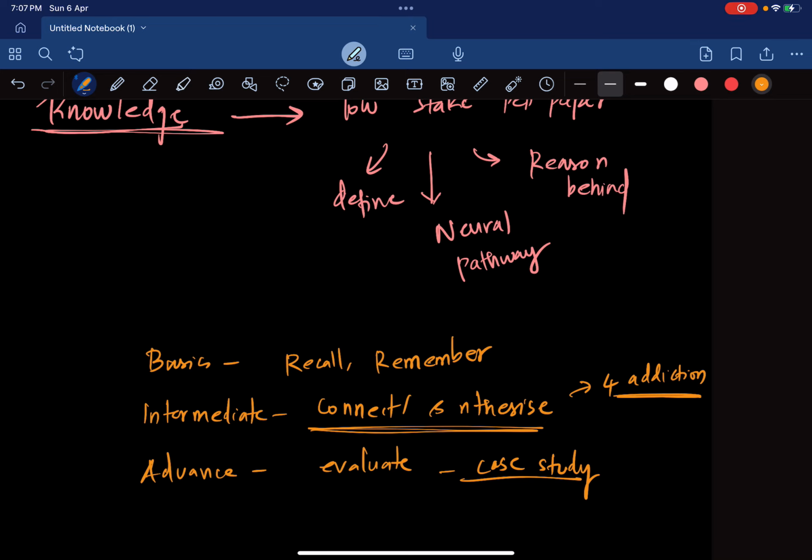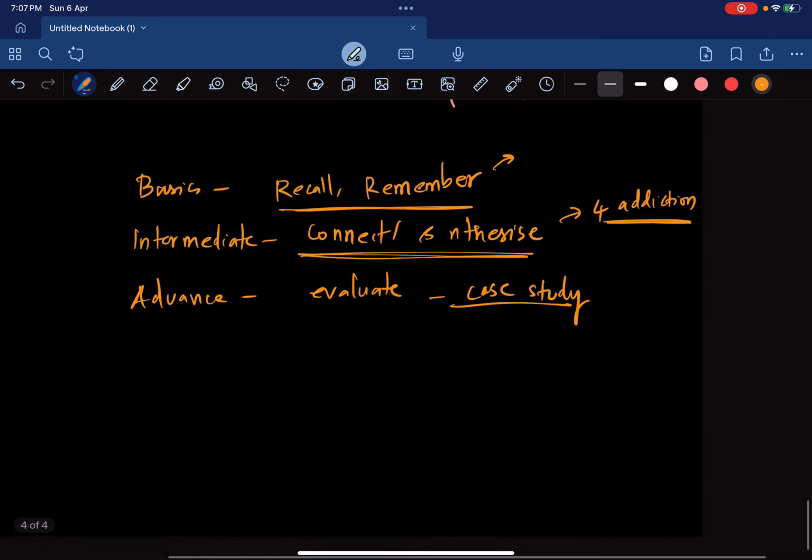In the case of recalling and remembering, the learner may just be asked to define addiction, tolerance, withdrawal, dependence, or the difference between dependence and tolerance, right? So this is how we test the knowledge of a student at various levels.